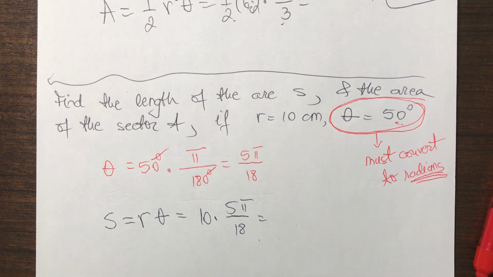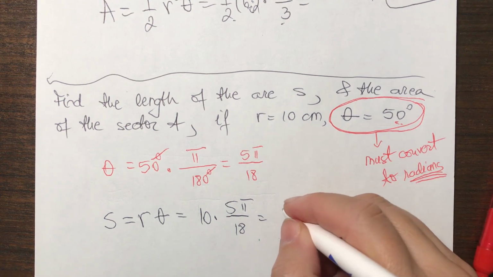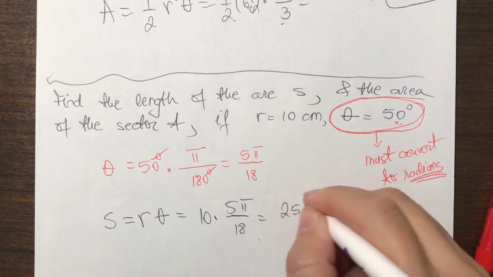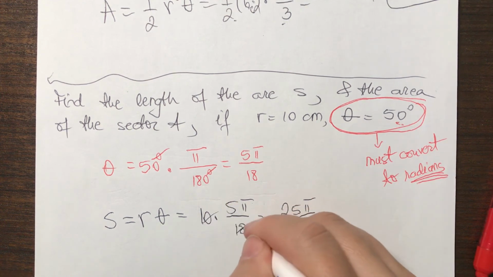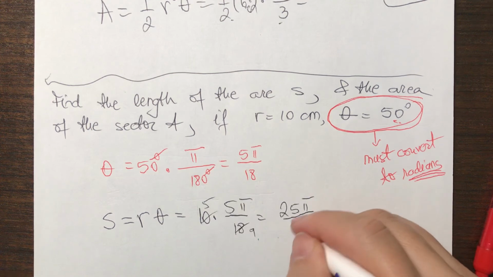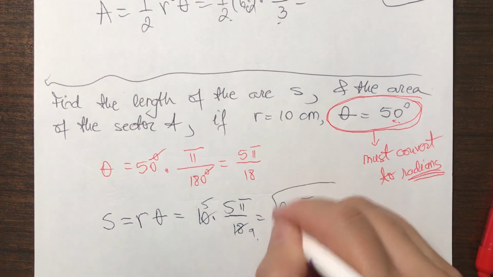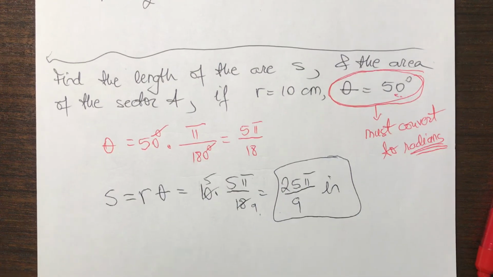I didn't put it in my calculator, but you can also reduce and leave the answer in exact form. You don't have to put the decimal in, but I just want to give you an idea. It's about 7 point something centimeters.